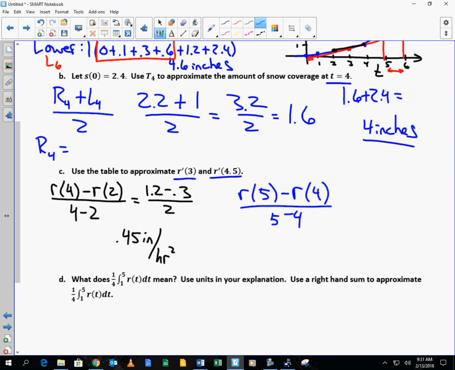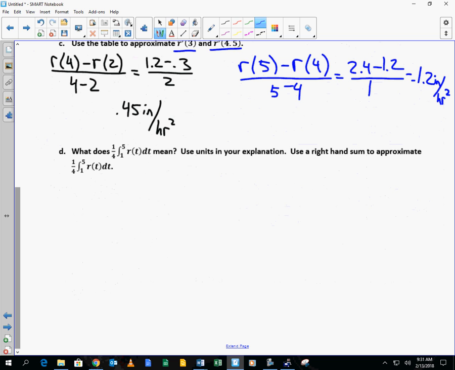What's r of 5? 2.4 minus 1.2 all over 1. 1.2 what? Very good.